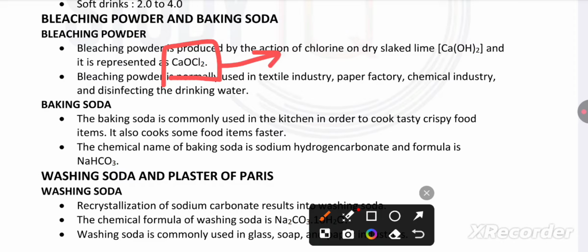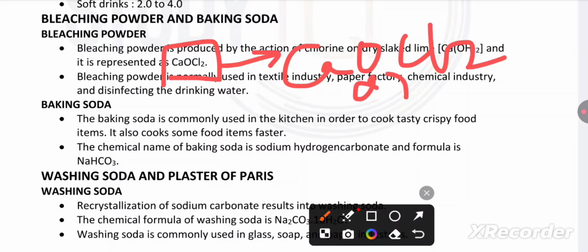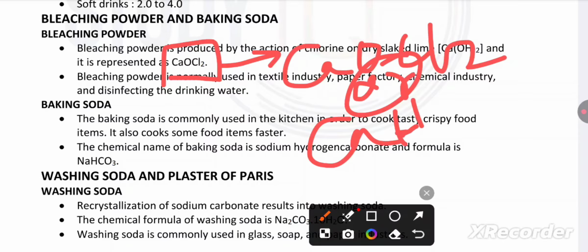One second, guys. Okay, this is calcium oxychloride, or we can use calcium hypochlorite. How can we memorize it?